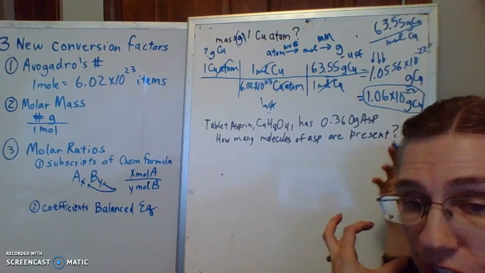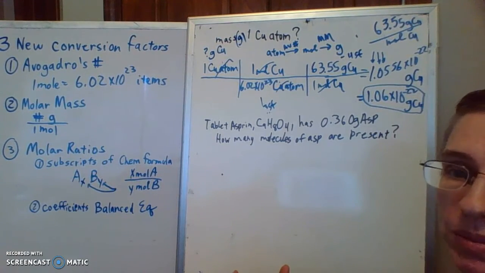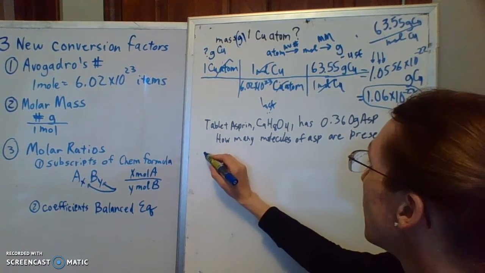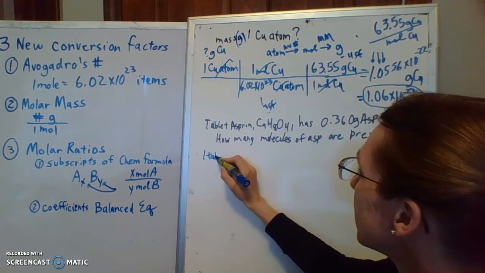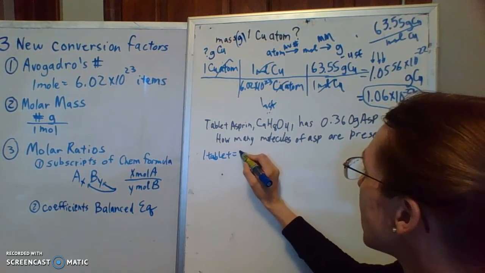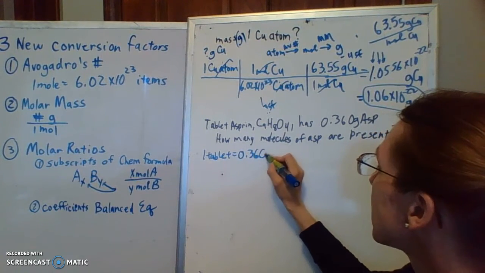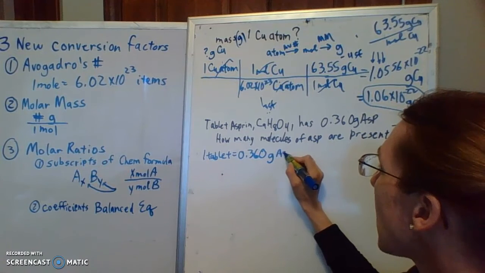So again, the first thing we're going to do is pull that information out of that problem. Okay? So we're told that one tablet has 0.360 grams of aspirin.